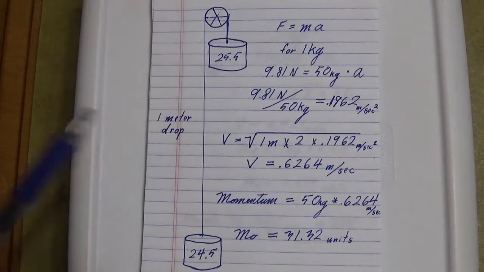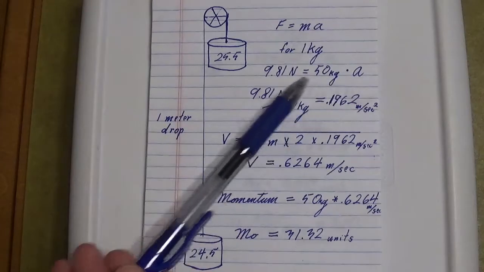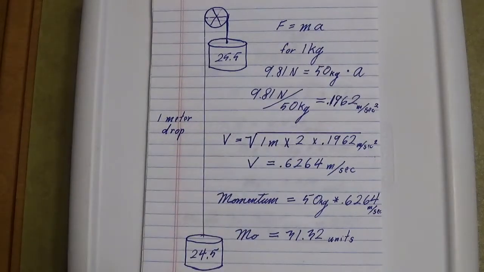So that gives you 9.81 newtons of force in the 1 kilogram. That is accelerating a total of 50 kilograms, itself and the other 49. So you divide the 9.81 newtons by the 50 kilograms, and you come up with 0.1962 meters per second acceleration.